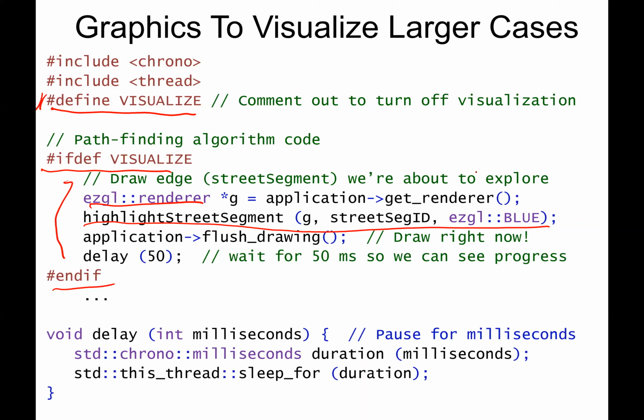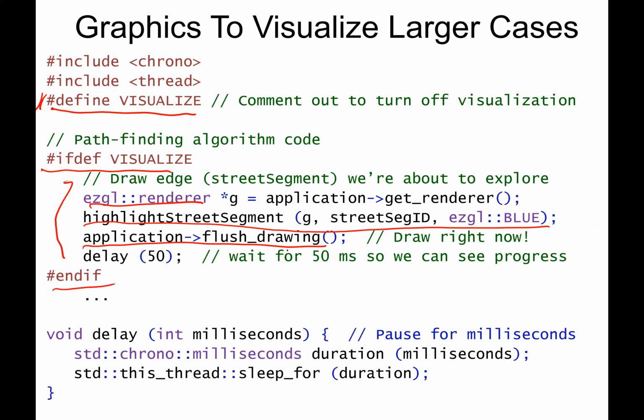So that's what you're actually seeing. We grab this renderer, we draw a street segment, and then we say flush drawing. We're not drawing this in callbacks. We're in the middle of the algorithm. Graphics libraries, including EasyGL, are allowed to buffer up graphics for efficiency. They don't have to draw it right away.